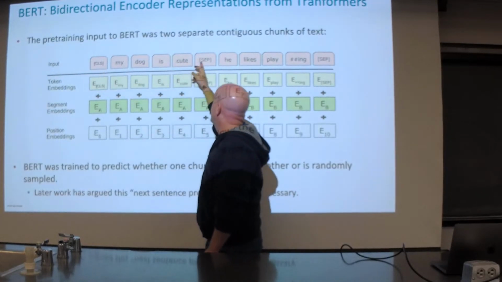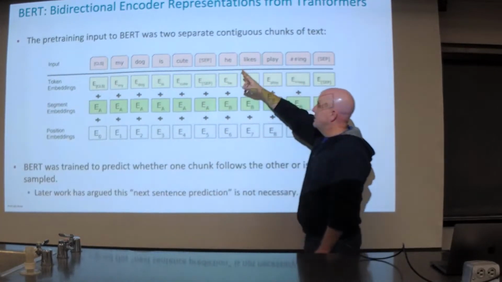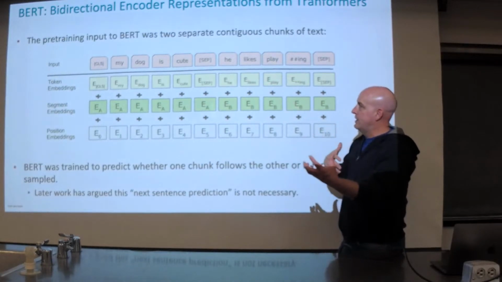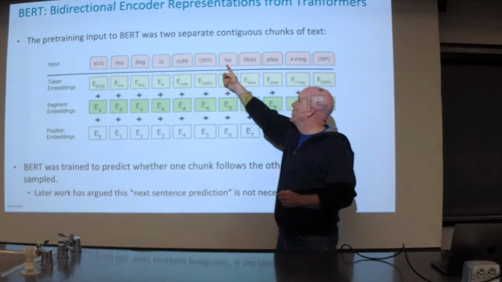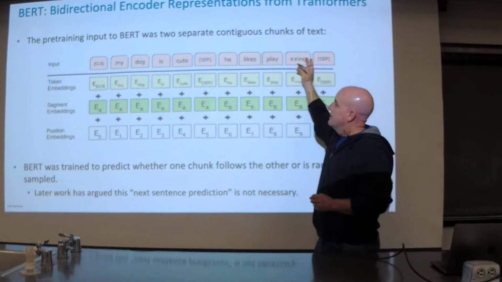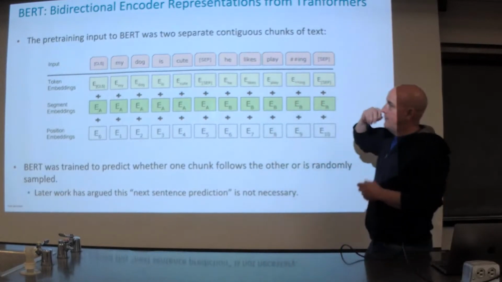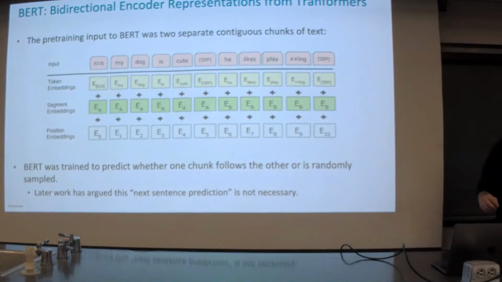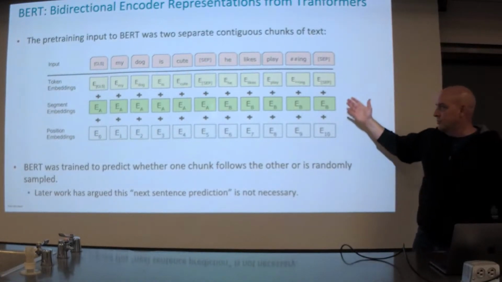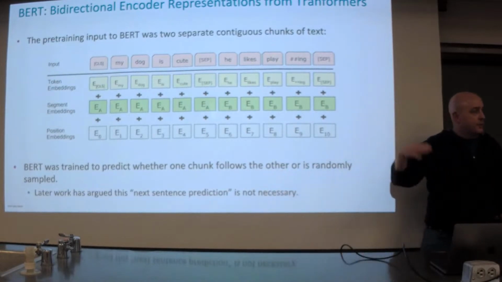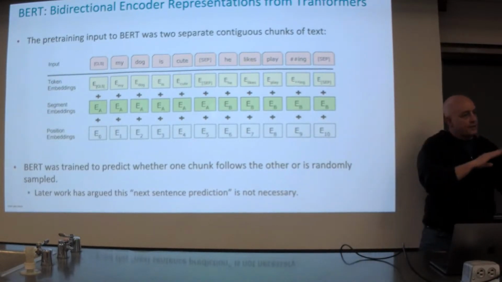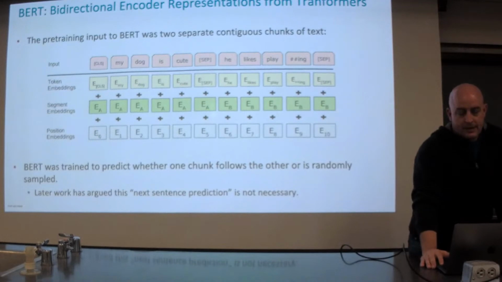You again have special tokens that tell you where the first sentence is and where the second is, and the task is to say whether or not the second sentence follows or is entailed by the first. Most later work showed that this was not necessary. It didn't help the representation, and people don't train it. They just do the masked language modeling task.